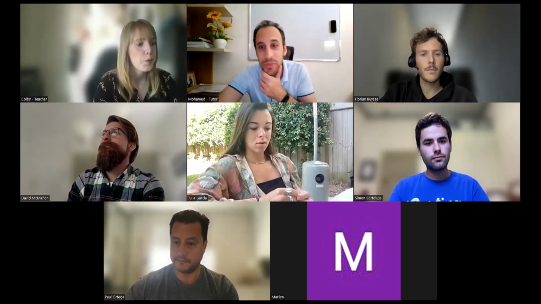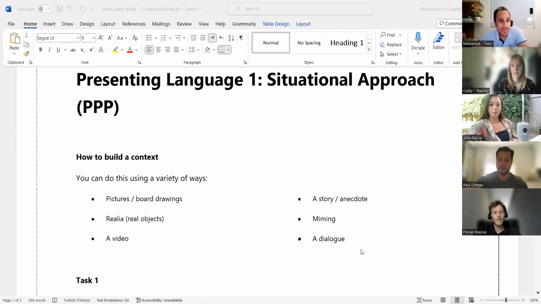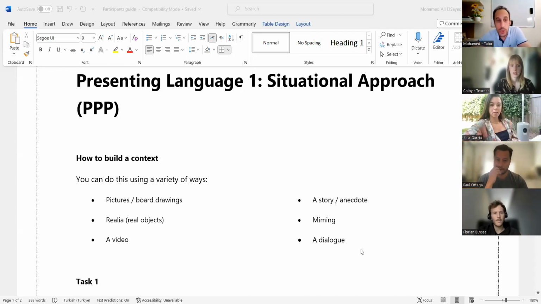What else? Let me show you. So we have, as you said, pictures or visuals like videos, board drawings. We can also use realia or real objects if the level is elementary or starter, lower levels, we can use real objects to start the lesson or to set the context.